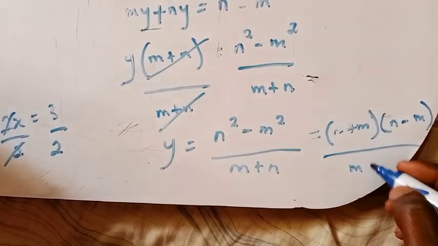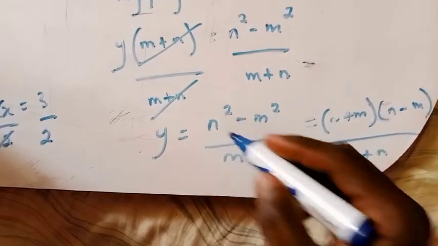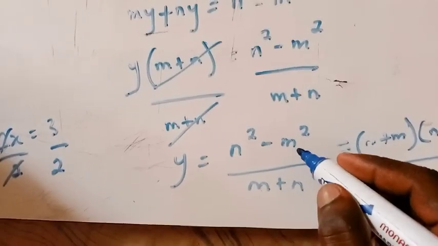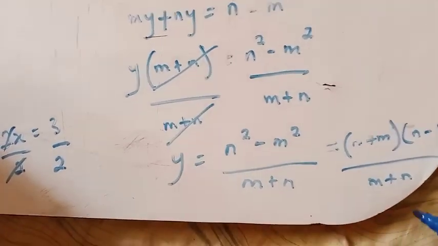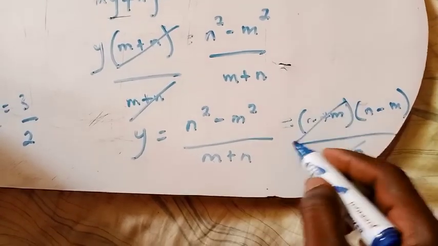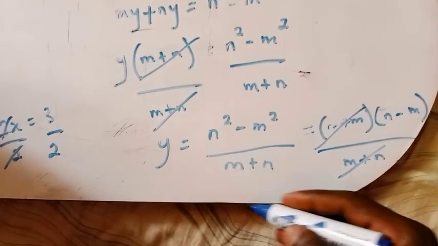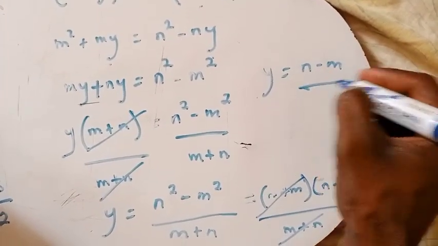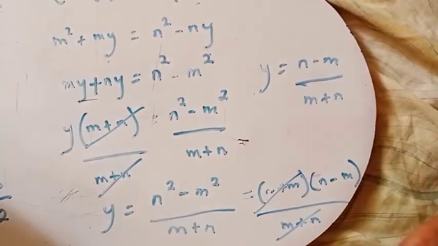Everything divided by m plus n, right? So this can be split. This is what we call difference of two squares. If you don't know this, don't worry, let us hear from you in the comment section below, right? So this one will cancel this, so therefore we have our y to be equal to n minus m, everything divided by m plus n, right?